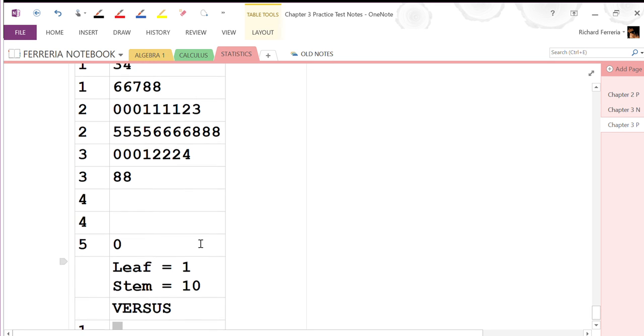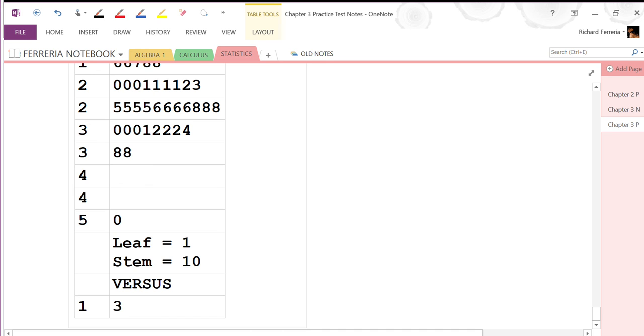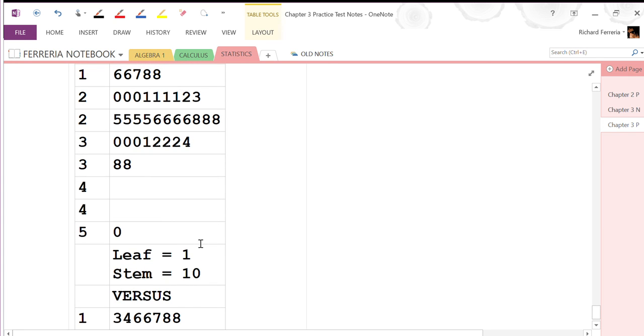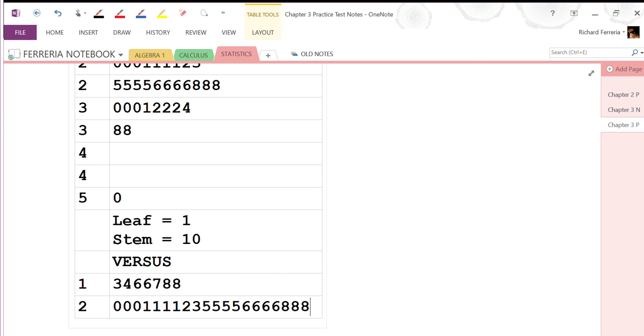So what are the leaves for 1? 3, 4, 6, 6, 7, 8, 8. What are the leaves for 2? 0, 0, 0, 1, 1, 1, 1, 2, 3, 5, 5, 5, 5, 6, 6, 6, 6, 8, 8, 8.